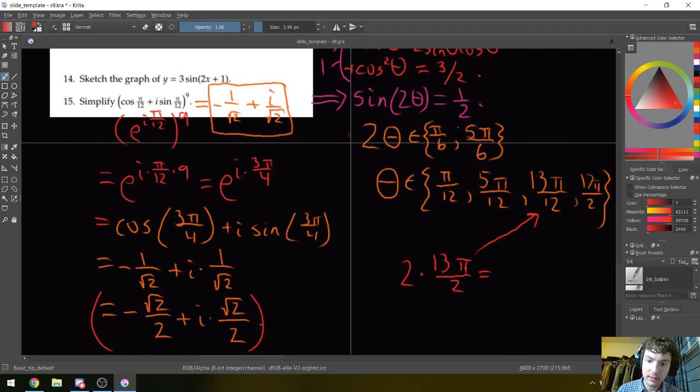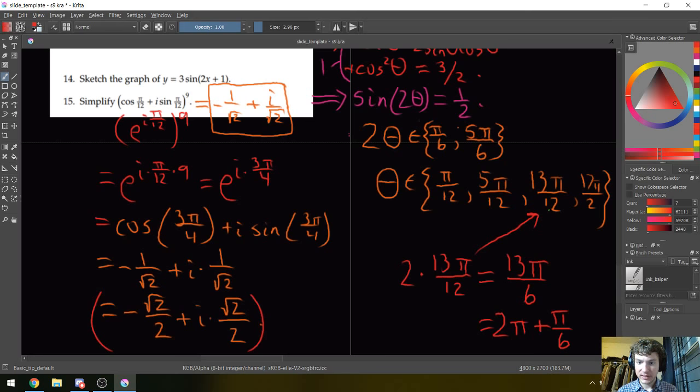Well, the 2 cancels with the 12 to give us 13 pi over 6. But 12 pi over 6 is a complete turn around the circle. So this is the same as 2 pi plus pi over 6.